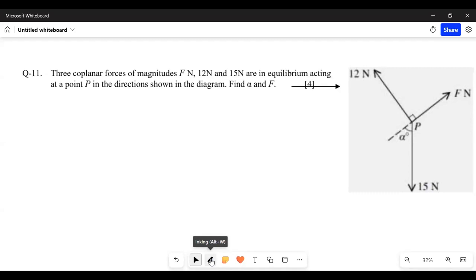Okay, so we see three forces in the figure, and we are told that the forces are in equilibrium. That means all the x components should sum up to 0, and all the y components should sum up to 0.